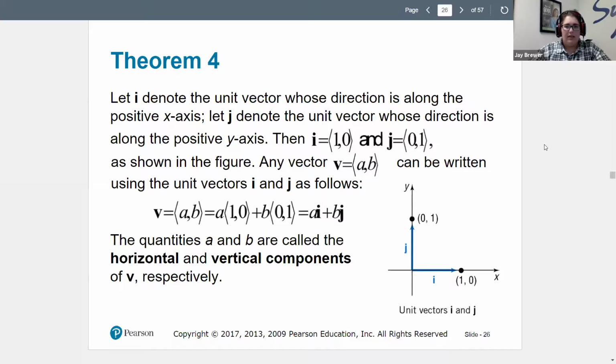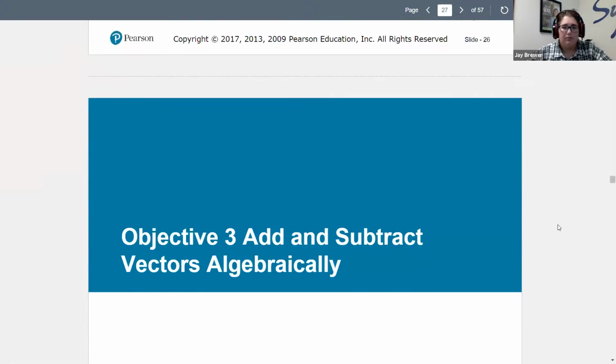Any vector v equal to a, b can be written using the unit vectors i and j as follows: vector v would equal a vector i plus b vector j. The quantities a and b are called the horizontal and vertical components of v respectively. So you can write other vectors in the form of unit vectors.